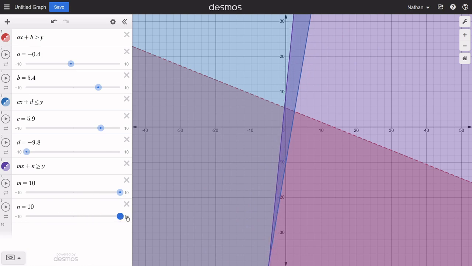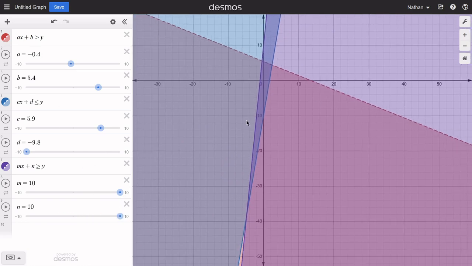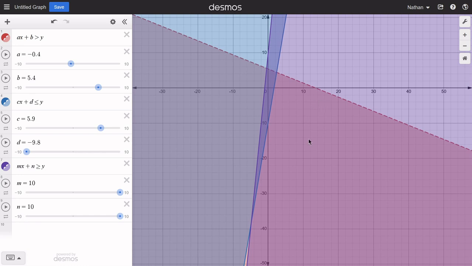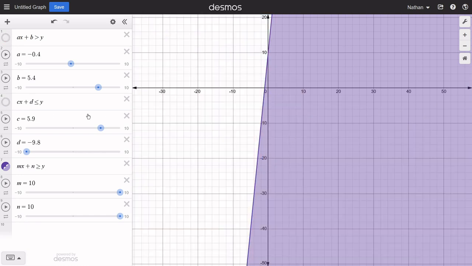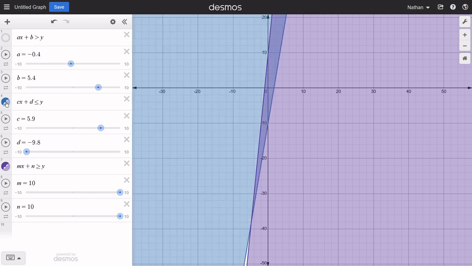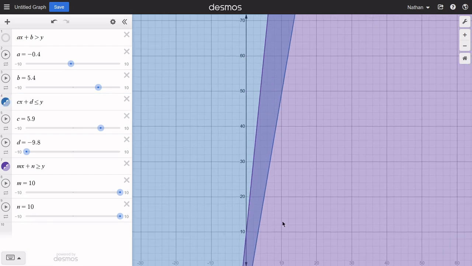And so now you can see the overlap between all three of these. If I turn off these two, you can see that this side is shaded in. And then if I turn on this one, I know that I'm only in this strip here that continues on indefinitely upward. It's like a triangle that continues indefinitely that way.